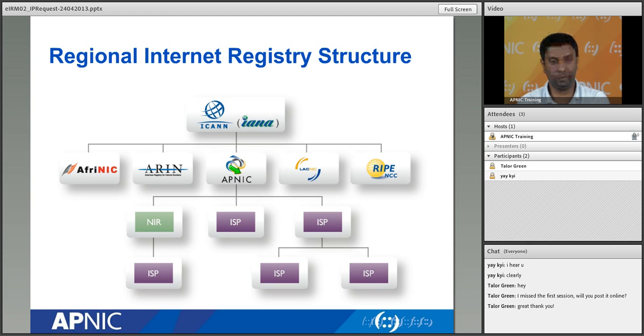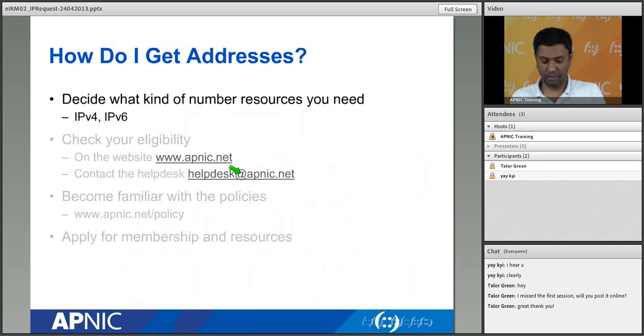So this is how the registry structure works. Where we have big ISPs as members, a big ISP can have a small ISP as a customer, and those small ISPs will get addresses from the bigger ISP, right? So this is how addresses actually come.